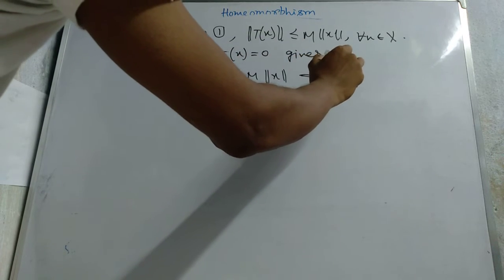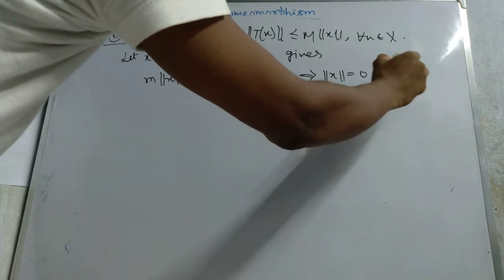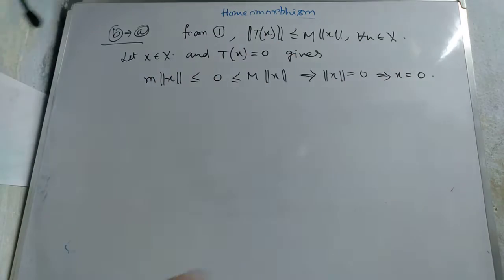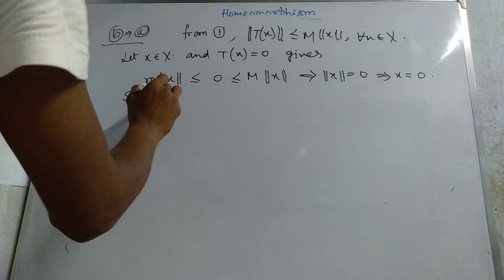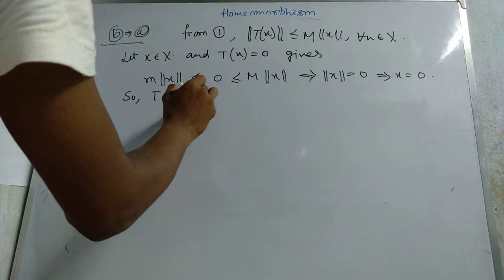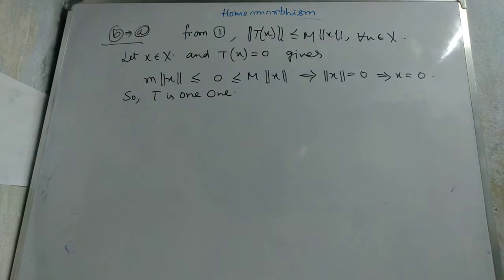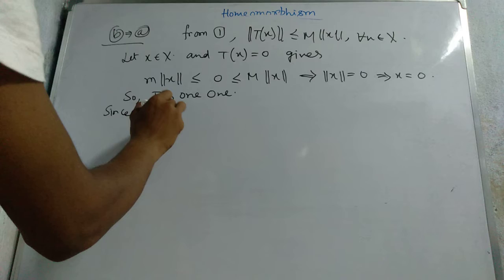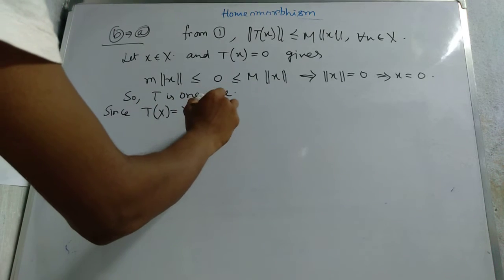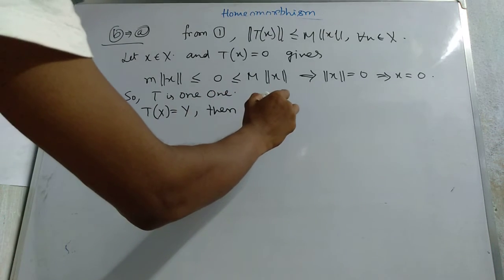This implies ‖x‖ equal to 0, which implies x equal to 0. So T is one-one, and since T(X) equal to Y, T is onto.